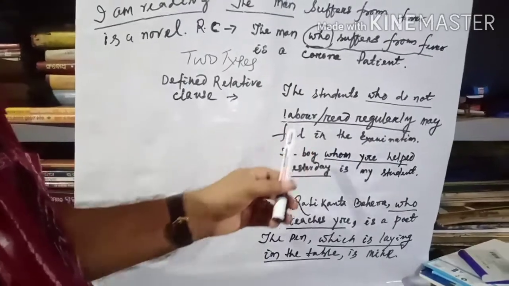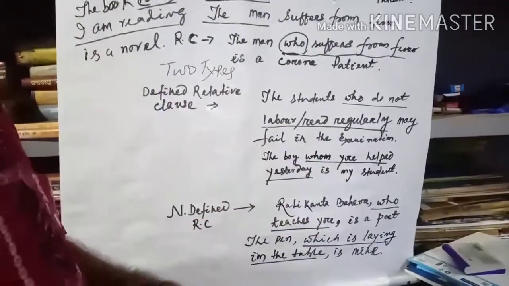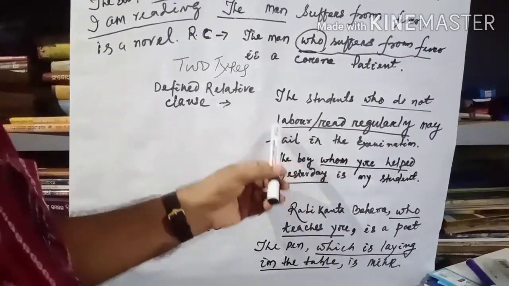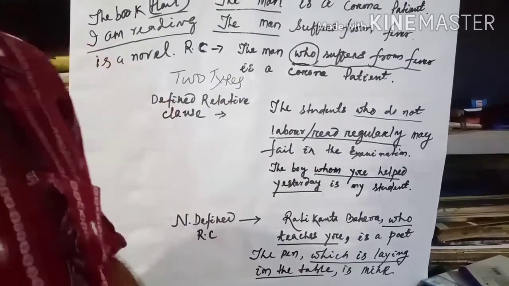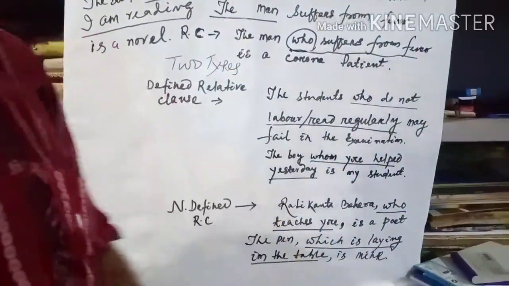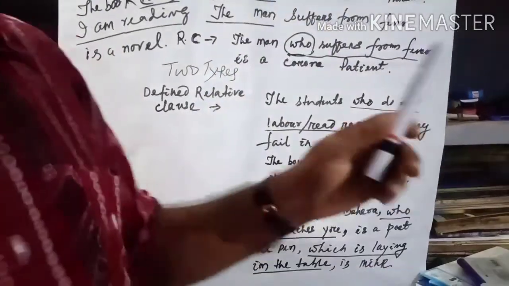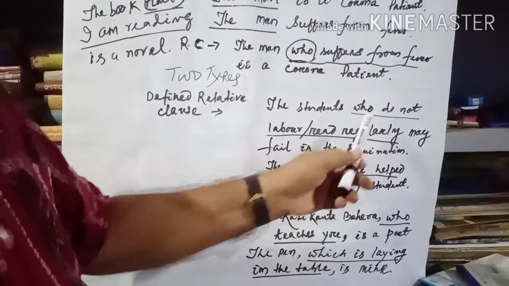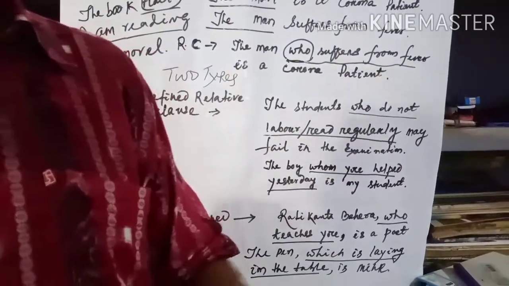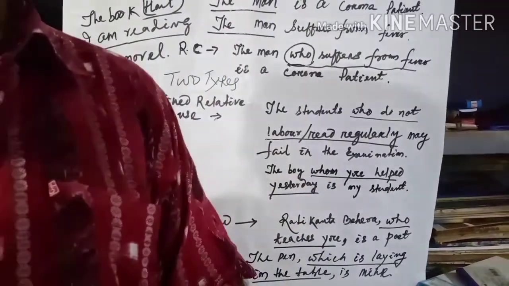You see the students here are the antecedent, and these students are identified here, defined here, or restricted here. The speaker gives the stress on the students who do not labor regularly. The speaker does not give focus on all the students.